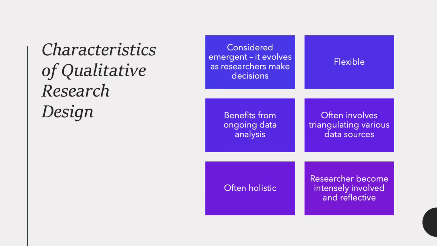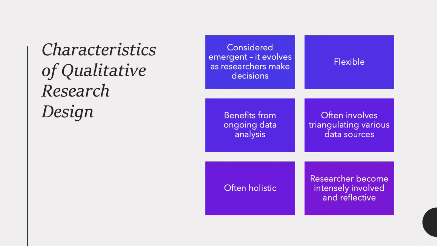When we talk about the characteristics of qualitative research design, the first thing we do is we consider it emergent. And this means that it evolves as we collect data and make decisions. The flexibility of qualitative research is one of its advantages.